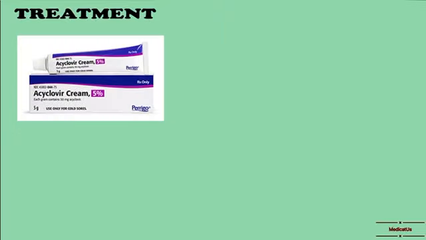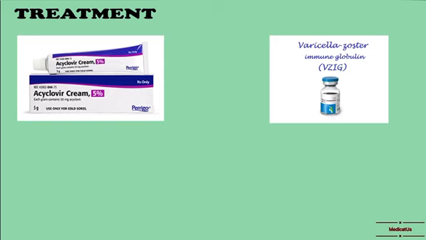Now about the treatment. If the child does not have lesions, still we'll give the child acyclovir prophylactically. But if the skin lesions appear, then we'll give varicella zoster immunoglobulin.